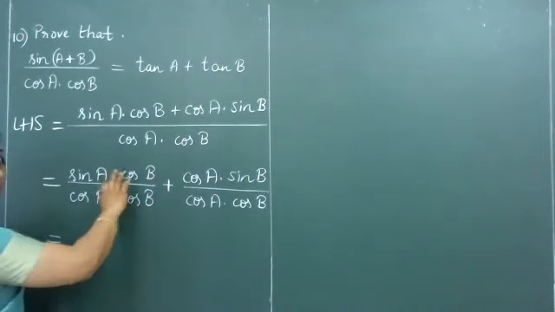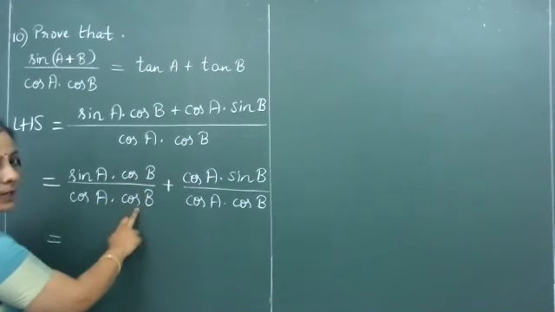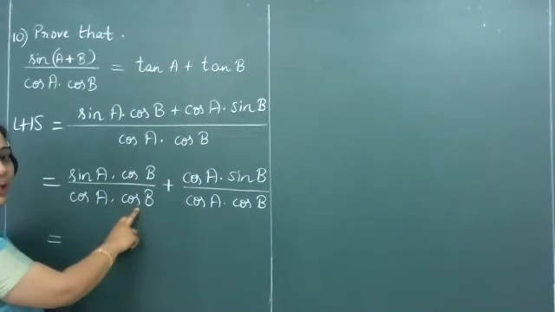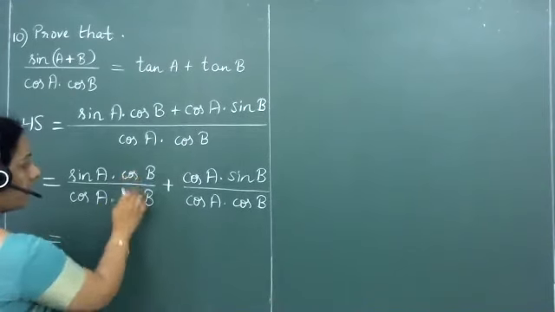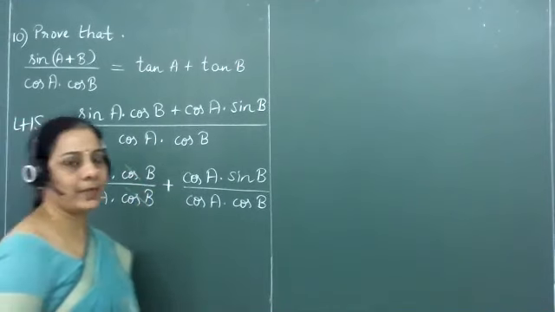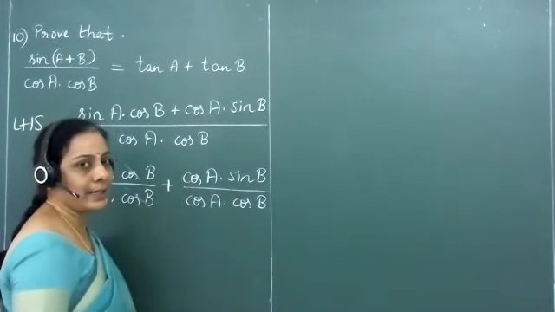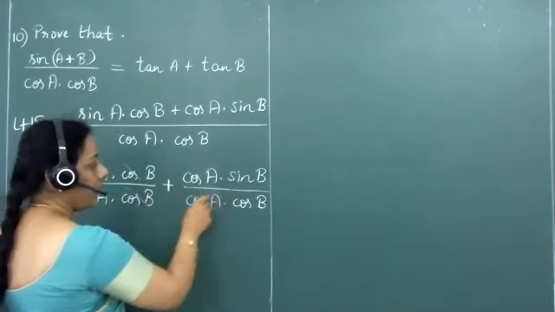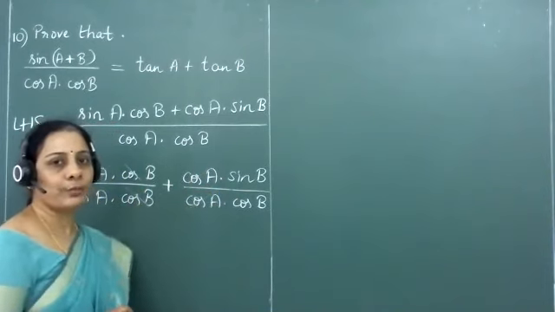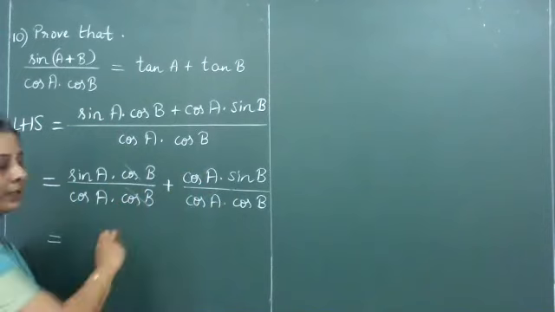Further, the first expression here will have cos B common to both numerator and denominator, and they get eliminated. So cos B divided by cos B changes to 1. Likewise, in the second expression, we have cos A common to both numerator and denominator, and hence they get eliminated.